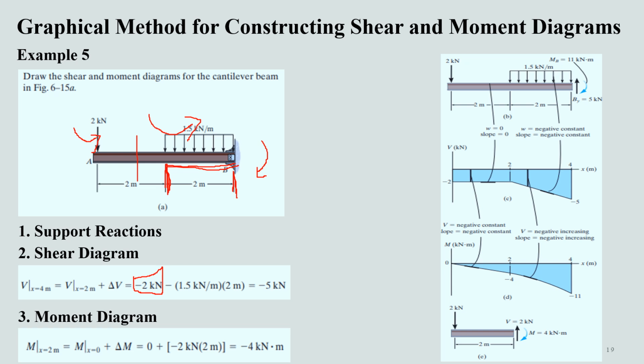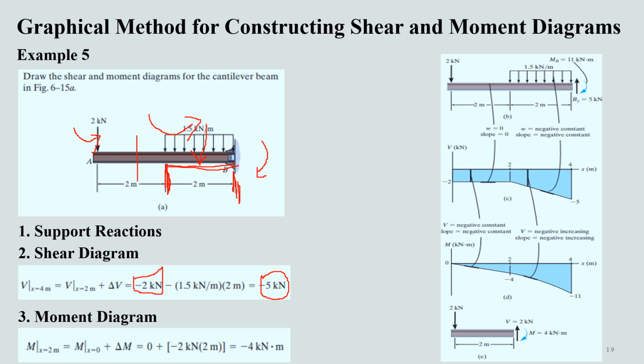And similarly, we'll have an upward shear due to this applied loading, minus 1.5 into 2, and the summation will be minus 5. So we'll have a shear force just to the left of this support that will be equal to minus 5 kilonewton.